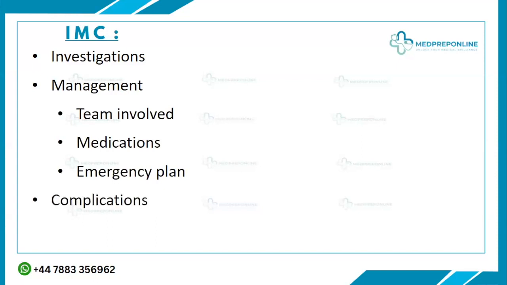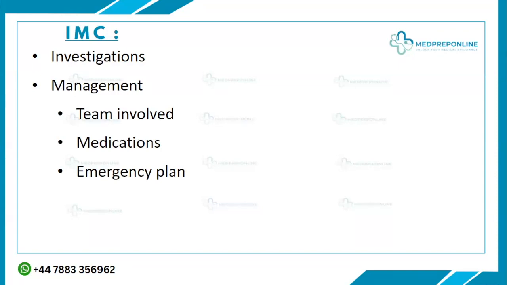And if it is a known case, then in the management you're asking what the teams' involvement is. Like if it is a case of cystic fibrosis, at this point you're asking whether an endocrinologist, gastroenterologist, or other specialties are involved in the treatment or not. What medications the patient is taking, any prophylactic medications, any nebulizations, and what is the emergency plan.